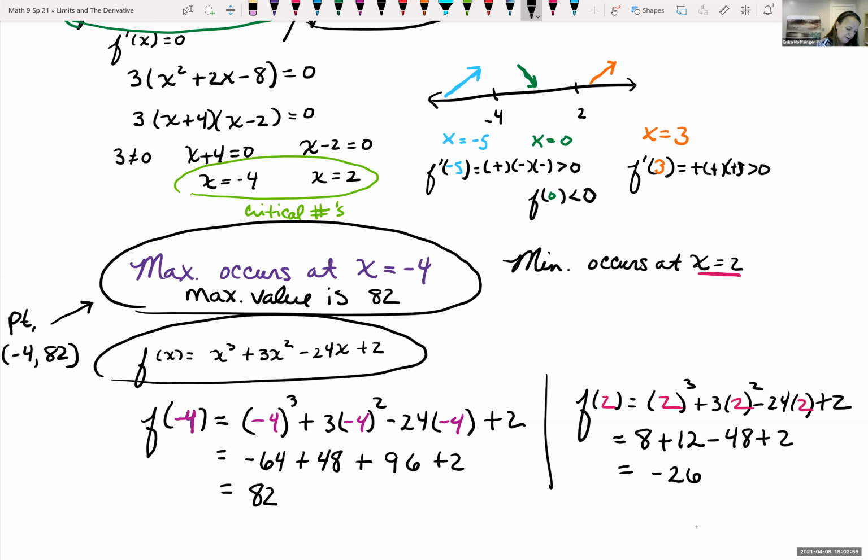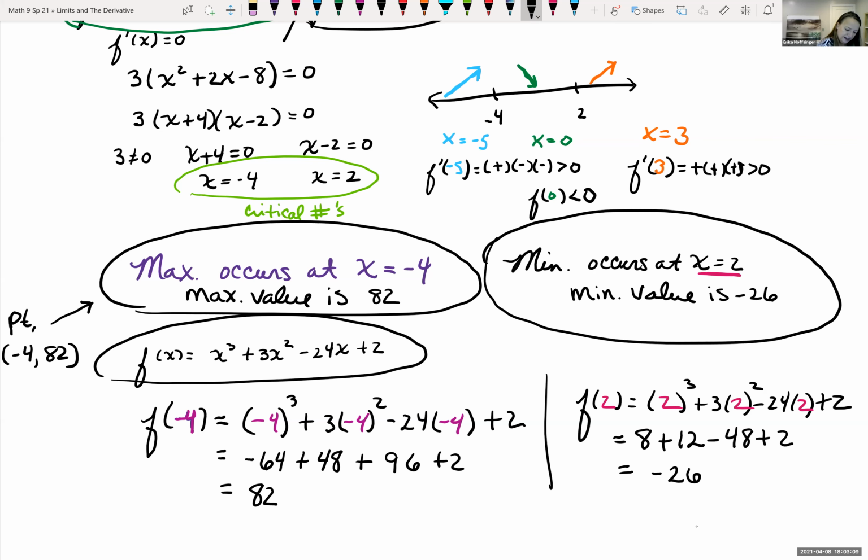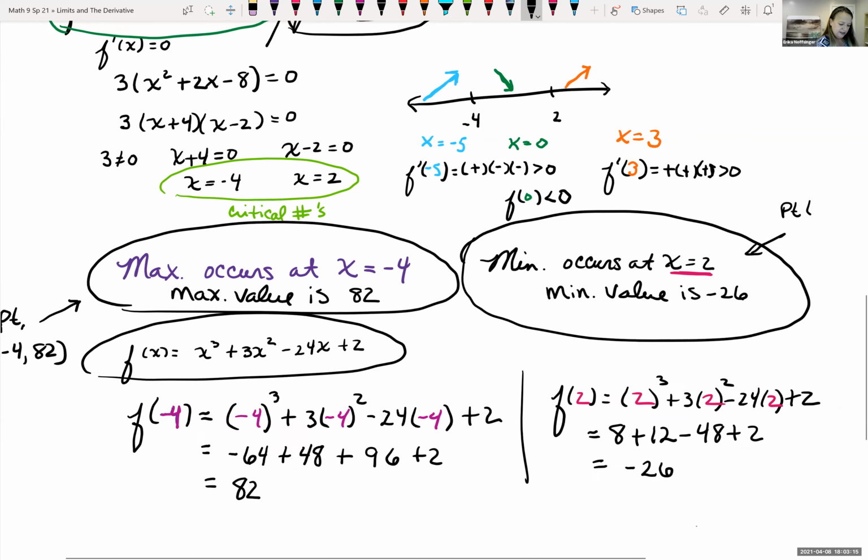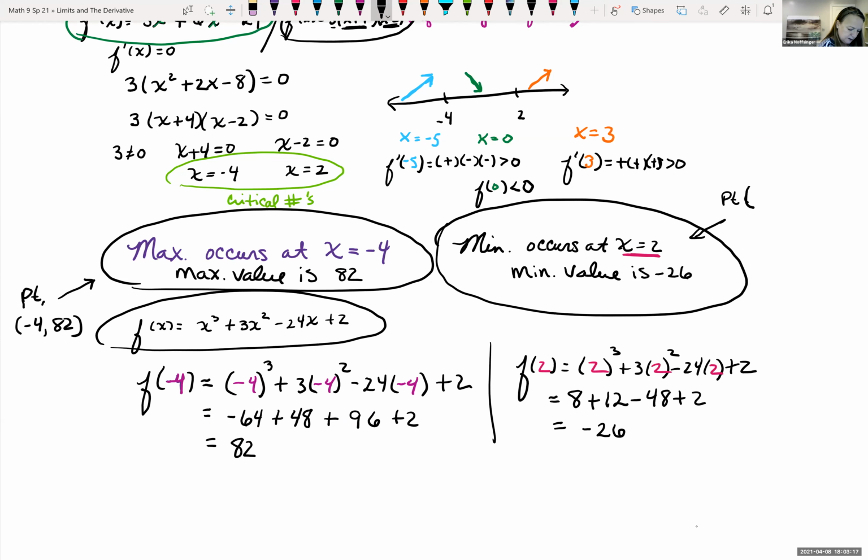So our min value is -26. And if we wanted to look at that point, our x value is 2 and our y value is -26.